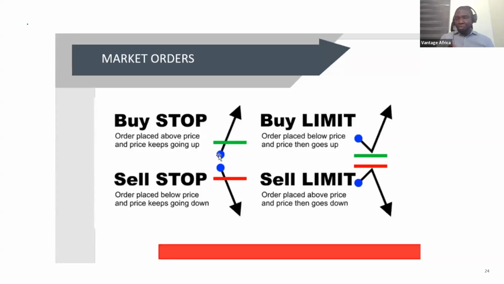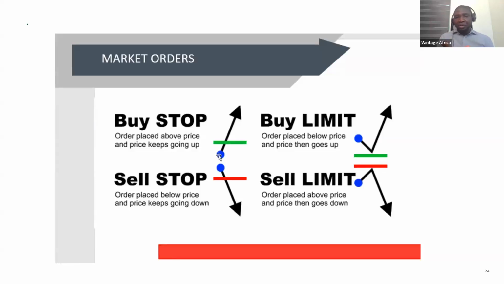Current market price is where the blue ball is. Now you're placing your trade somewhere below current market price. And the expectation here is that price will continue to dip down even below the area where you're placing this pending order, right? So that's why you're looking for price to continue the trend it is currently on.